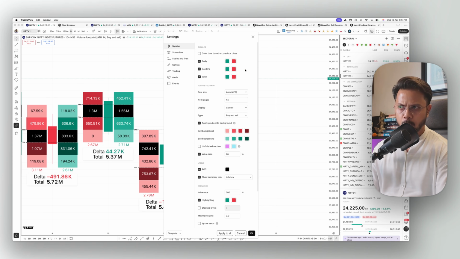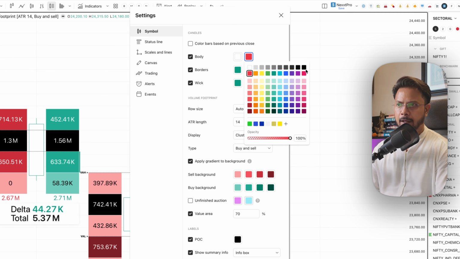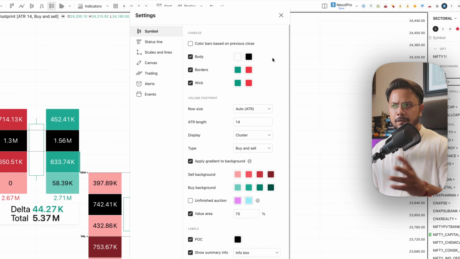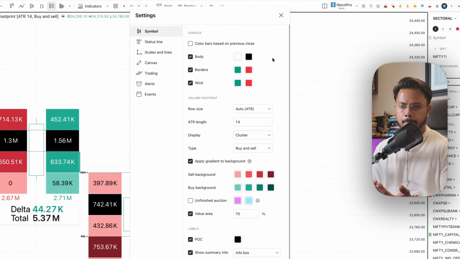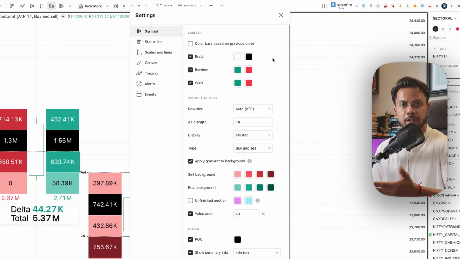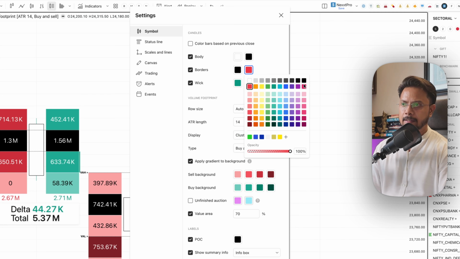So the first thing I'm going to do is make the body of positive candles white and negative candles black. If you have ever read Steve Nison or any classic books on candlesticks, the Japanese candlestick charts initially were shaded or not shaded, which is white and black. And so I'm going back to the roots of the Japanese candlesticks.